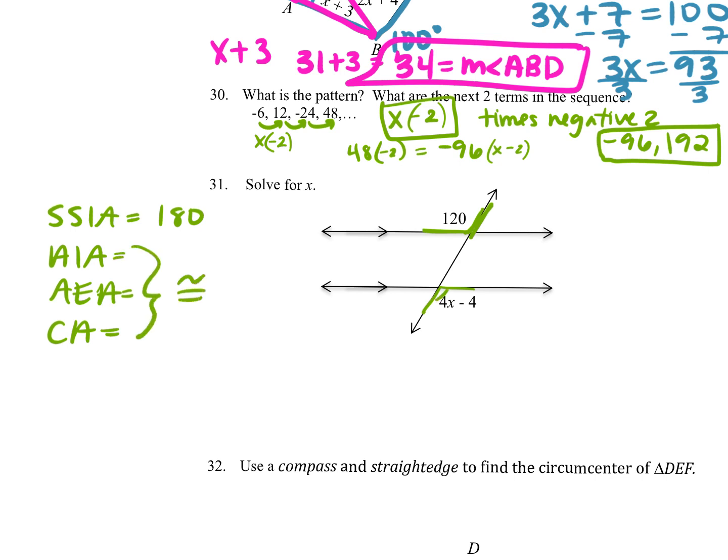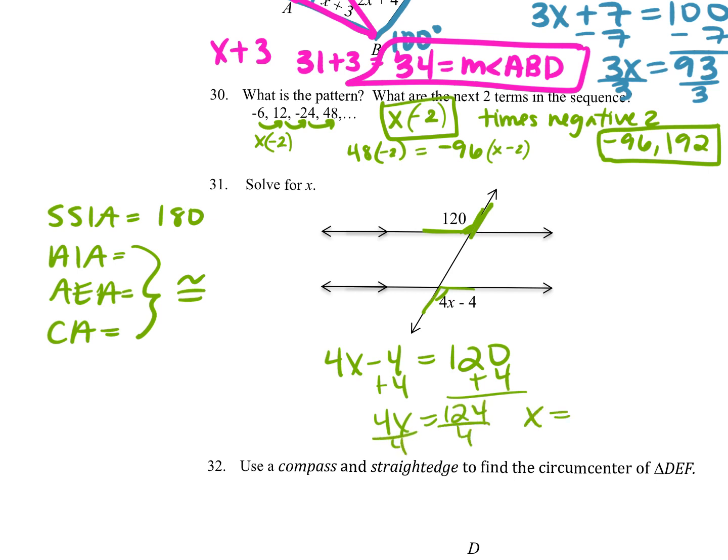So these are alternate exteriors, so we're going to say 4x minus 4 equals 120, and then solve. So x is 31. And that's all you had to do on that one.